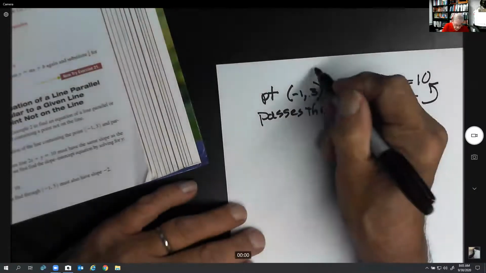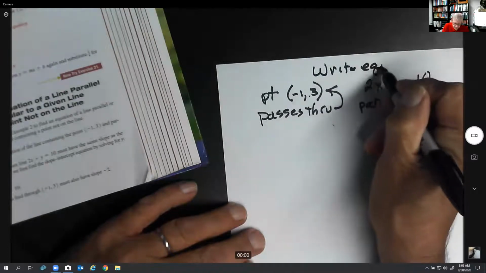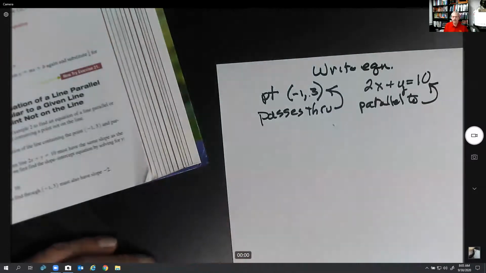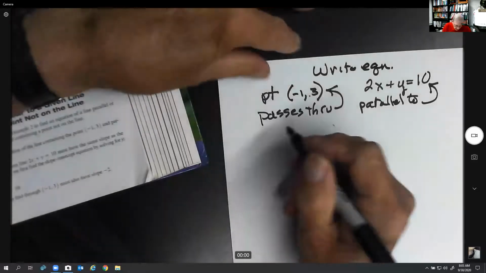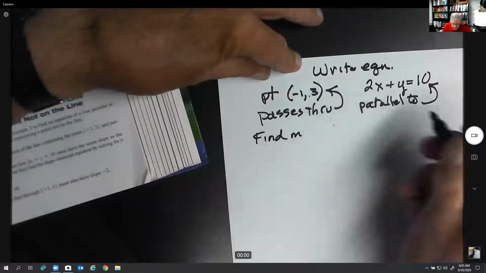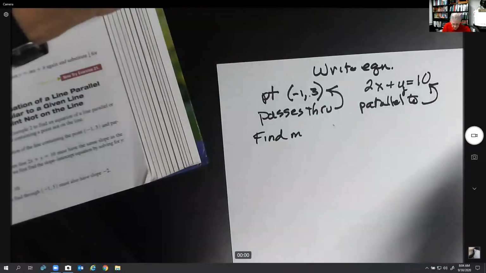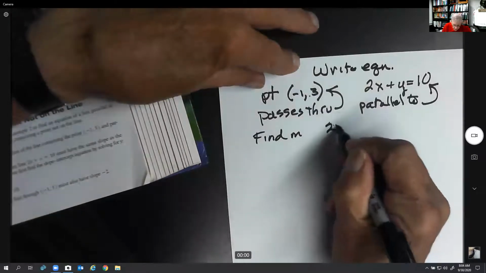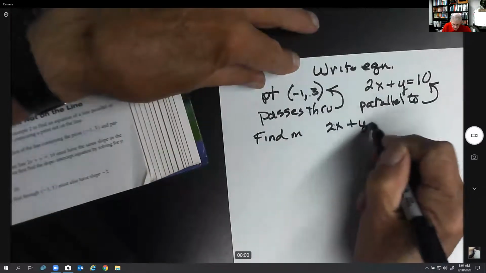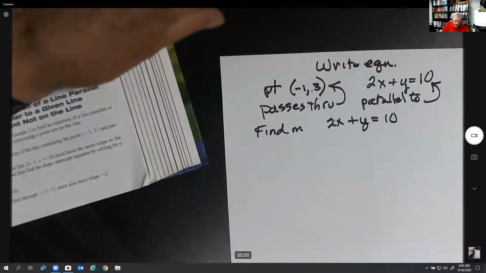Okay, write equation. So how are we going to do that? Well, our basic 3 steps. Find m. We're going to take the equation we're given and try to find m out of that. So how would we do that? Well, we're going to solve this for y.